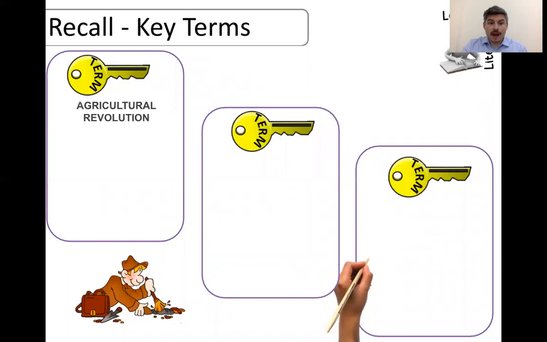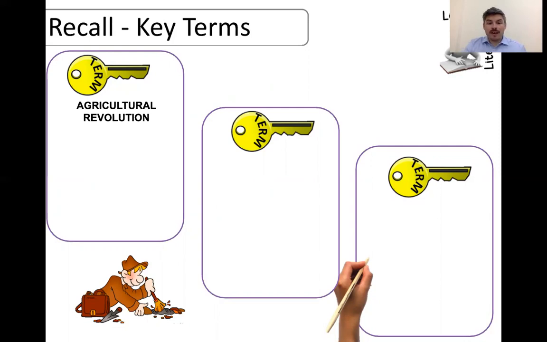So if we start with agricultural revolution, I want you to pause the video now and write down what you think we mean by agricultural revolution. Again, if you don't know, that's fine. We're going to go through it together. So pause the video, put your definition.